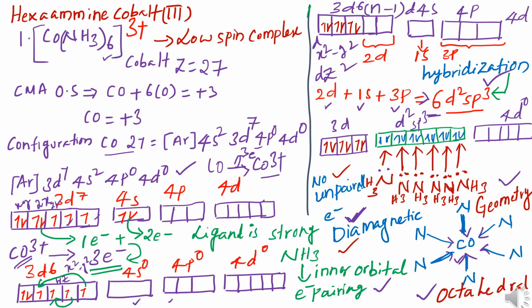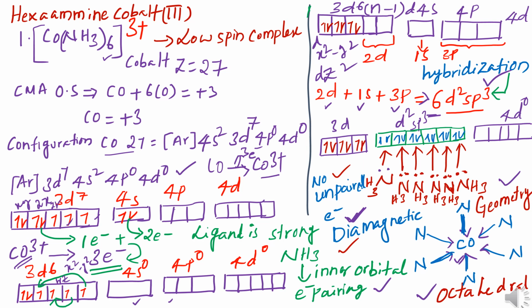This is the original oxidation state in the coordination sphere of the central metal atom. Now it is linked to 6 molecules of strong field ligand. So each strong field ligand will contribute a pair of electrons in the form of a dative bond to link up with the central atom, which is 3+.